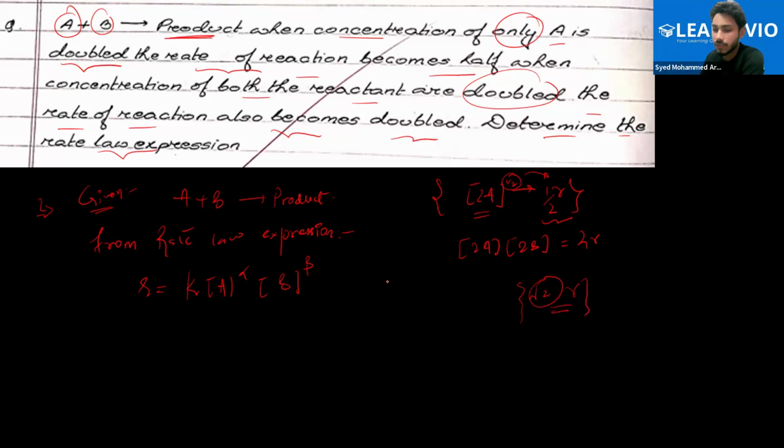So what you have to do is find what power of 2 ends up getting half. Basically the power, let's say alpha, ends up giving you half of the reaction. What power of alpha is required? This is the question.